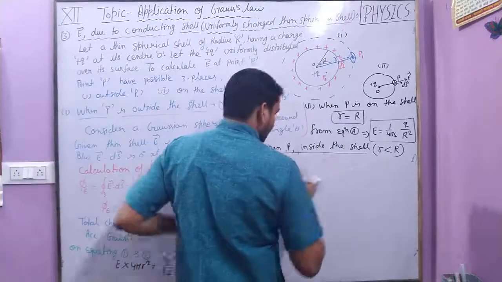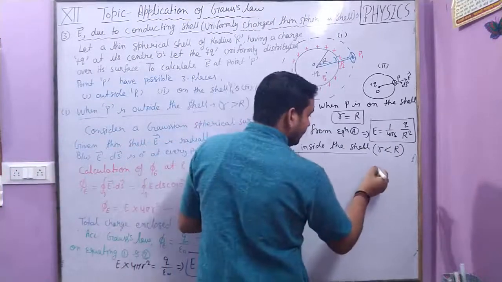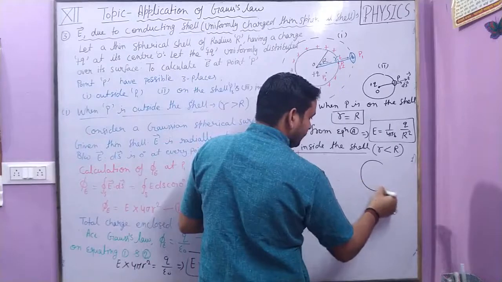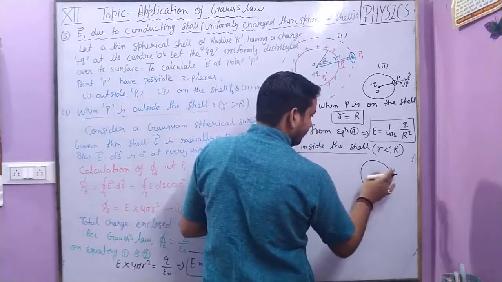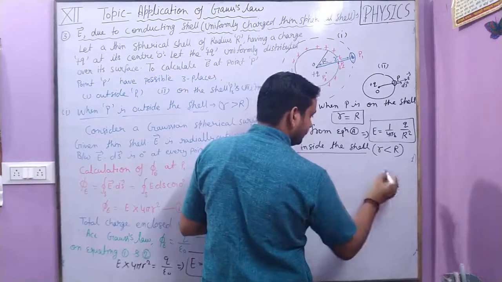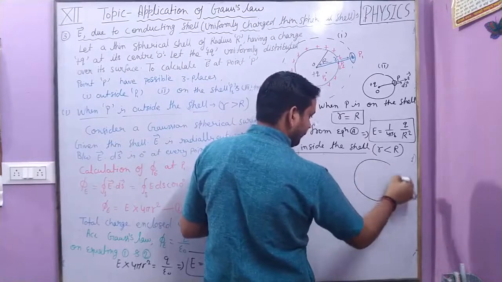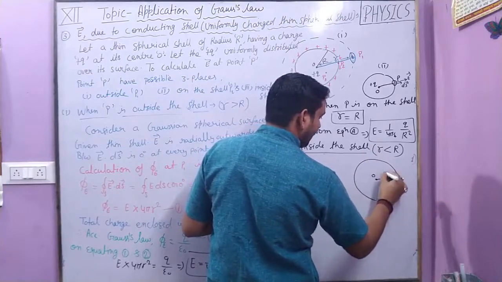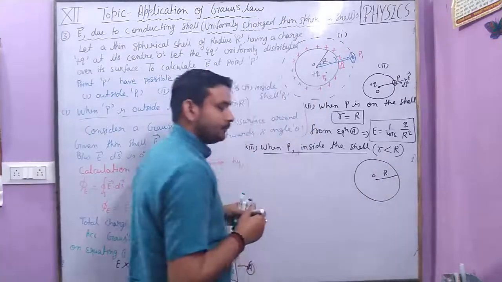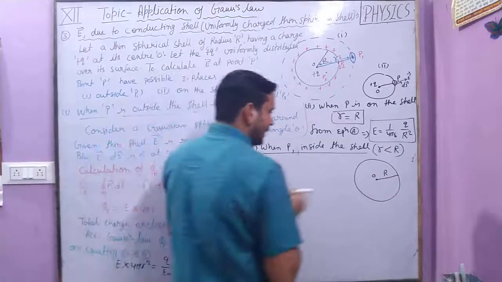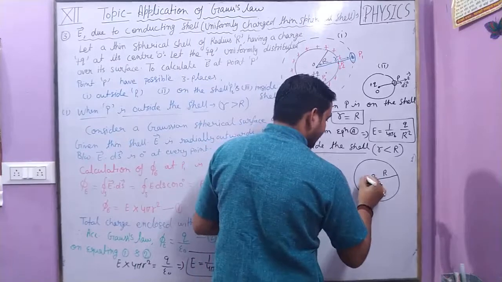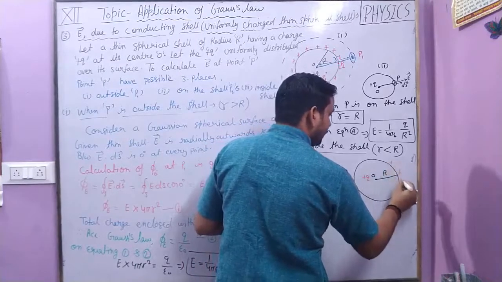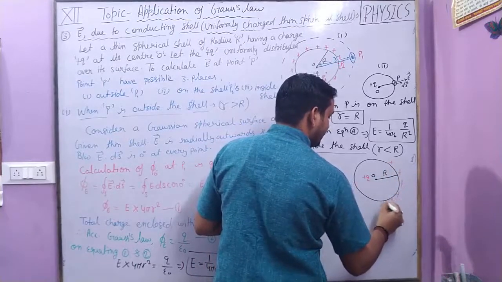So for this, suppose we have a given cell with center O and radius R. Clear? Having charge plus Q, which is equally distributed over the surface.